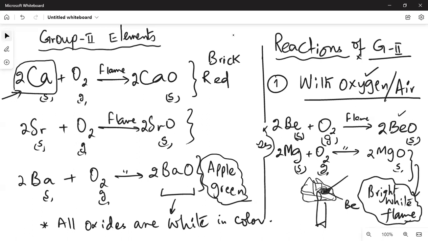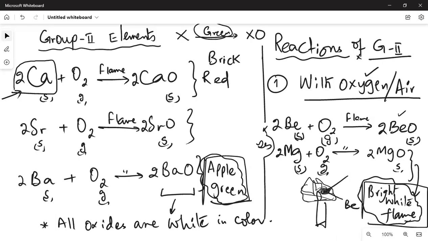But again, if you do not memorize these small tiny details like color, flame and all, then inorganic will become a big problem for you, because it says at times that a solid X is heated and makes an oxide XO, and it was observed that a green flame appeared. Now that green has come up, in your syllabus the metal powder which gives green flame is barium, so it has to be barium oxide. But if you're not memorizing and you don't remember which metal's flame is green, you'll be blank about this reaction and you won't know what the answers are.